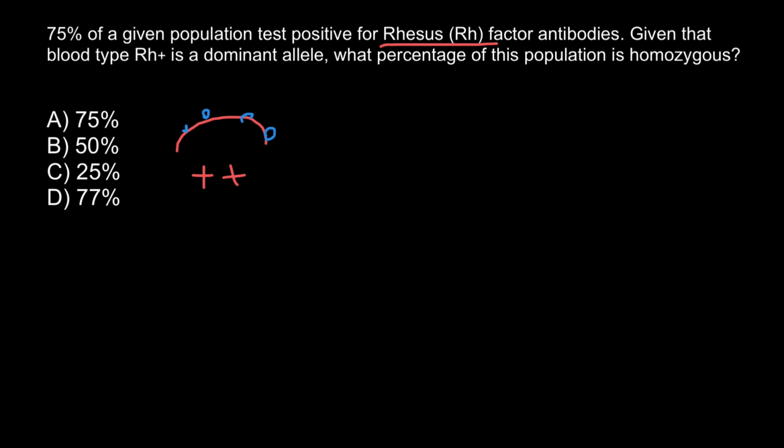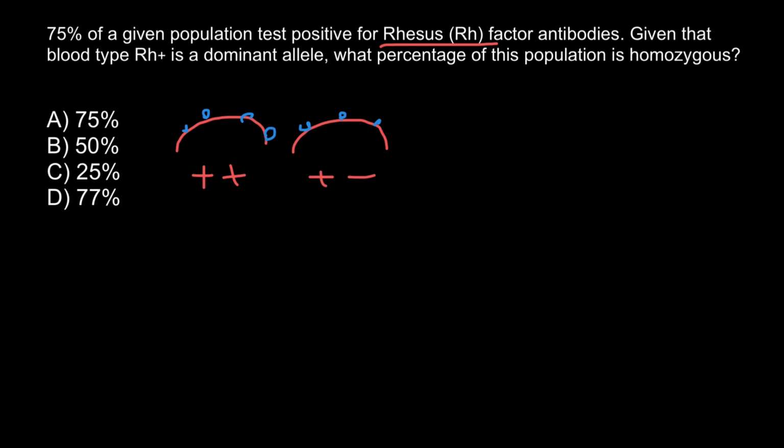Positive, positive would result in Rh positive group. Another variant can be positive and negative. It's also going to result in the Rh positive blood group, because the surface proteins would also be produced by this positive allele.